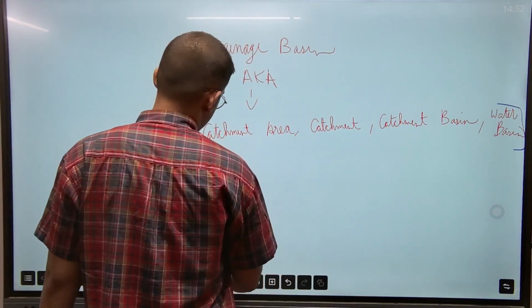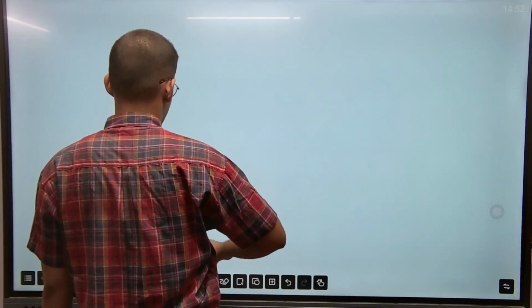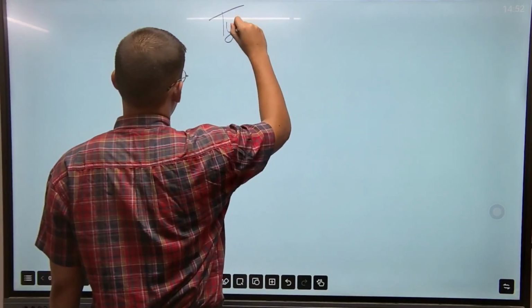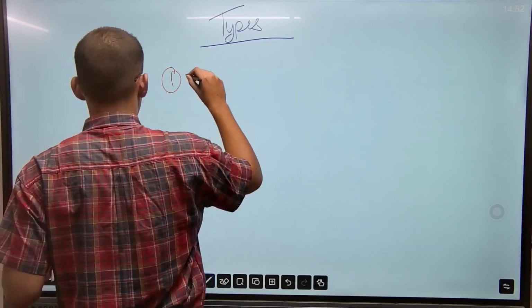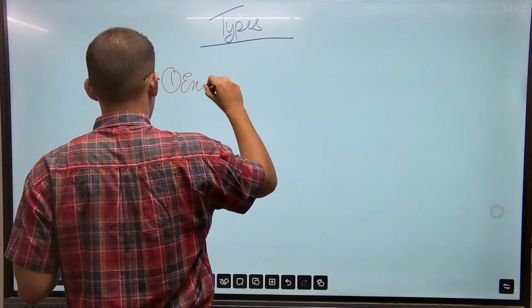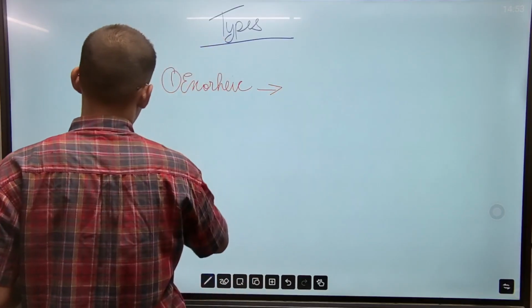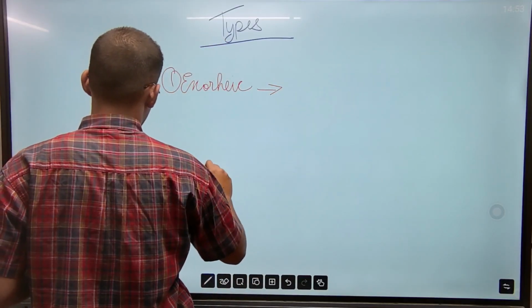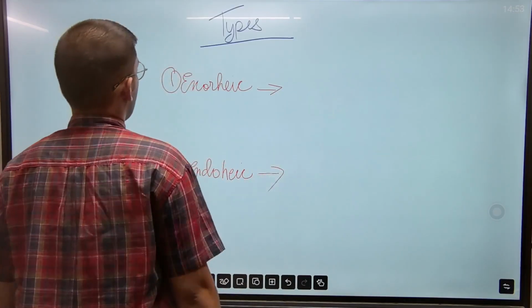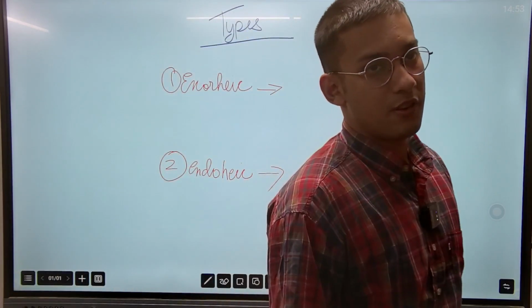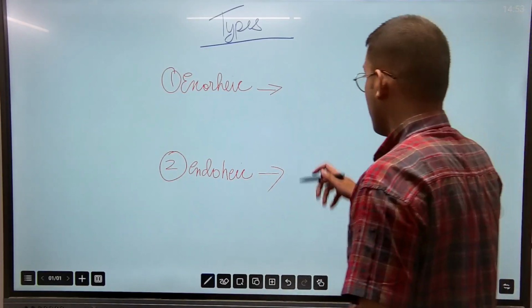Now there are two types of drainage basin. Firstly, we have exoreic. Secondly, endoreic. So what are these two types of river basins? Exoreic is when a river drains into an ocean.